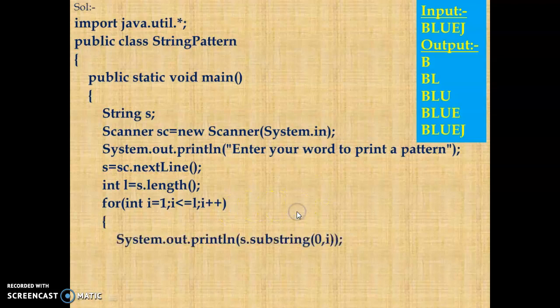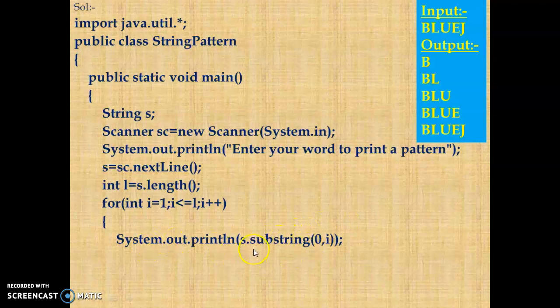Then we use the function substring. You can do it another way also: you store whatever you get from here in a variable, then print that variable, or you can directly print this as I am doing here.